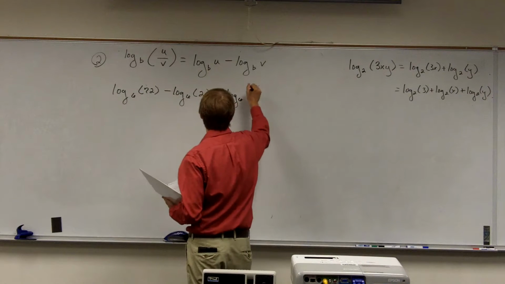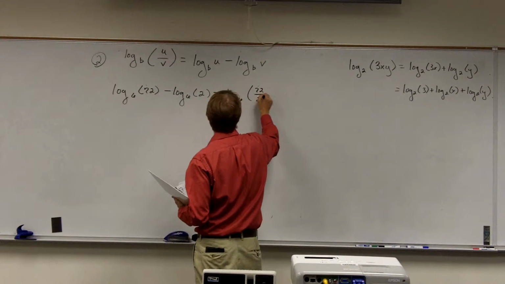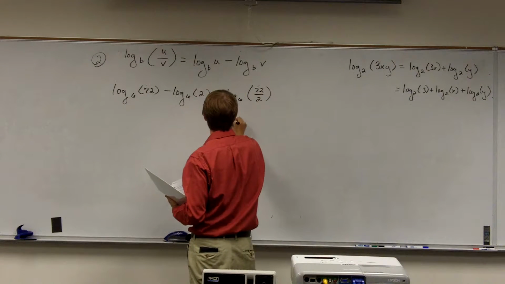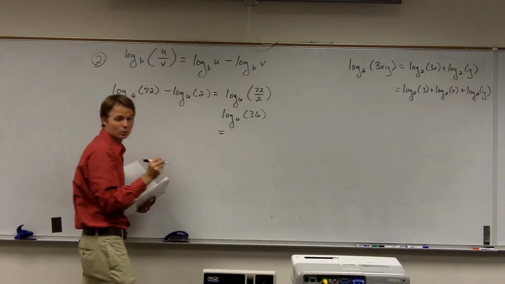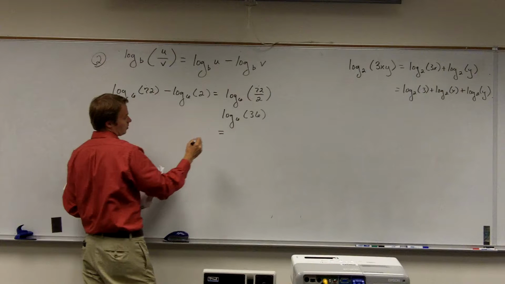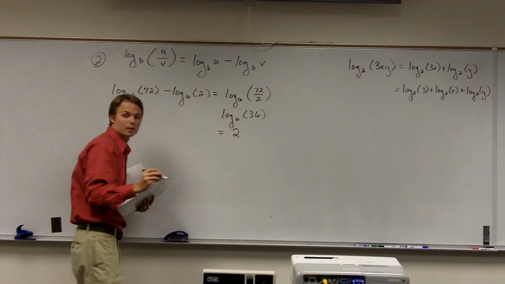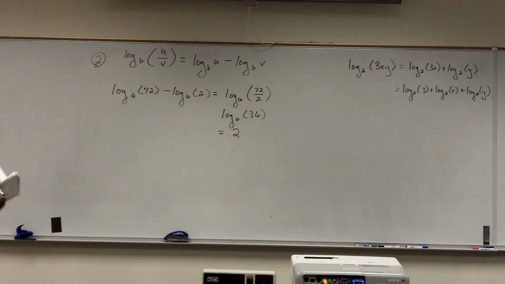This will be log base 6 of 72 over 2. So log base 6 of 36, which equals 2, right? 6 squared is equal to 36. So 6 to the second power will give us that 36.